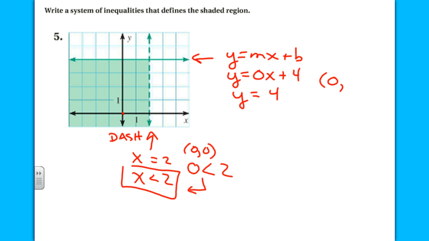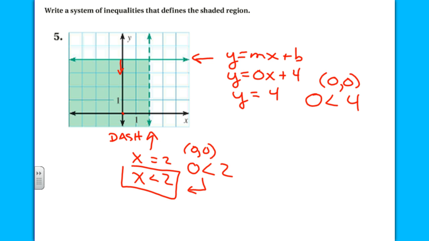And is 0, 0 something that should work in this line? Should it be shading toward that point? Yes. So we're going to substitute just the y part, right? Because that's all we have. So how does 0 relate to 4? Less than or equal to. 0 is less than 4.